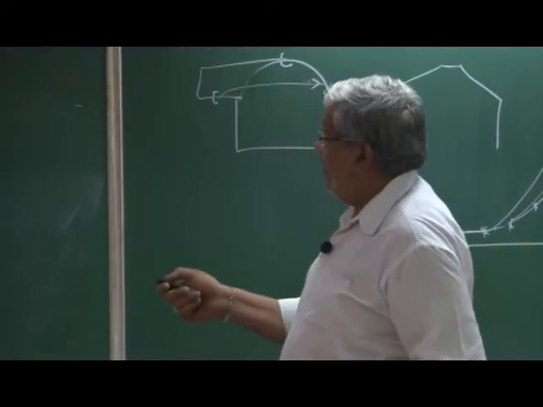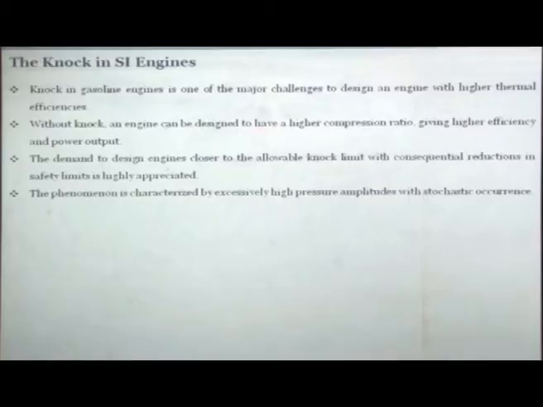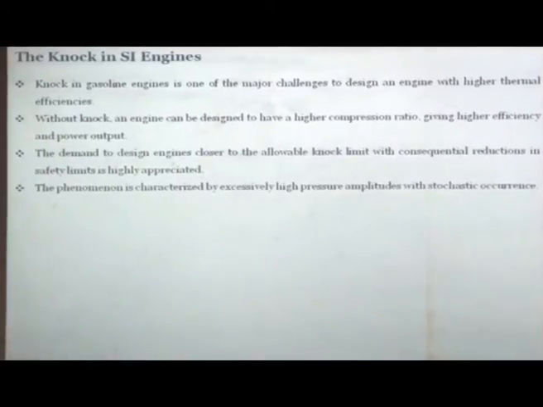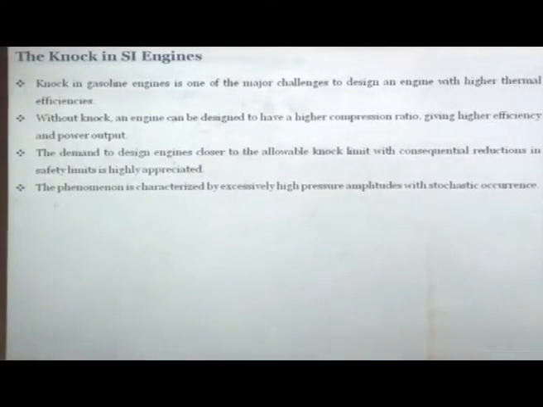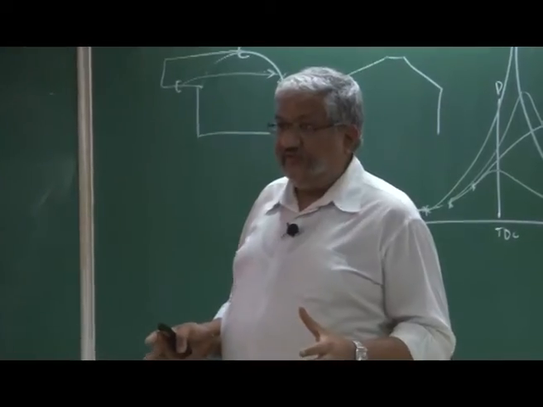So this is one of the biggest challenges that IC engine designers face. Without knock, an engine can be designed to have a higher compression ratio, which will give higher efficiency and power output. So engine designers always try to design an engine which will not knock and still give the highest possible efficiencies under the given constraints.